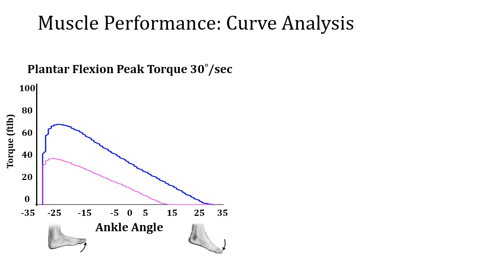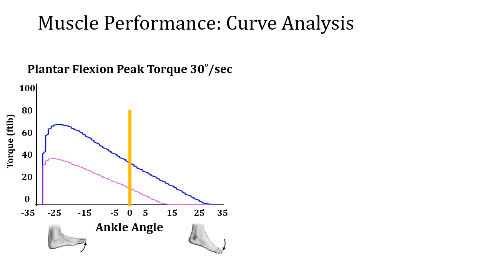I kind of imagine it as a slide on a playground where you have the greatest peak force being achieved at the end ranges of dorsiflexion, and then a gradual decline as the individual approaches more of a plantar flexed position.